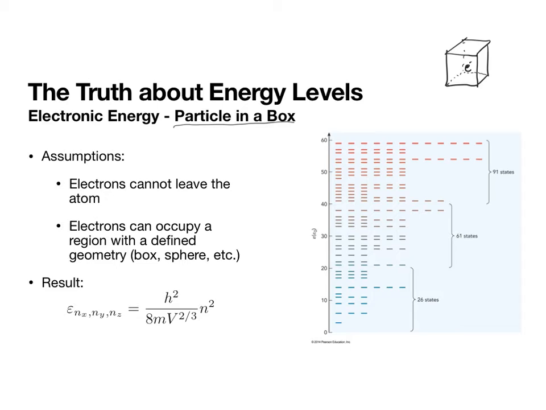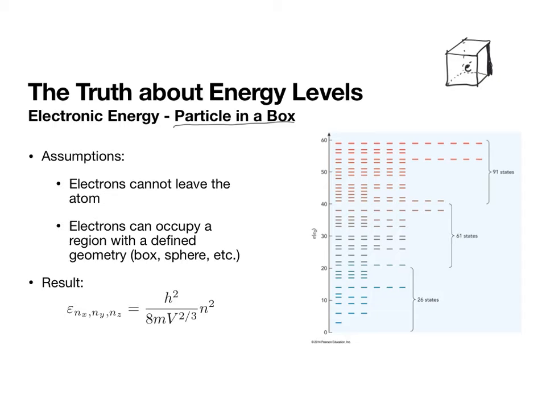So in this, we say that the electron cannot leave this box, and this box represents our molecule or our atom. It turns out that we can solve these equations for either atoms or molecules, so we're going to use that interchangeably. So electrons cannot leave, and these electrons are going to occupy this defined geometry that we set.